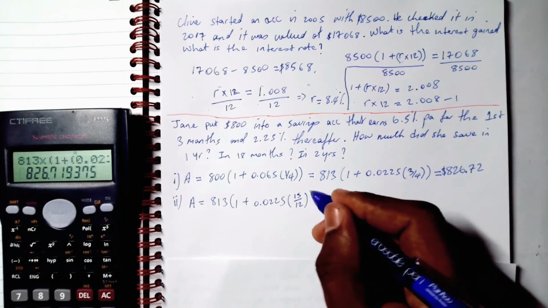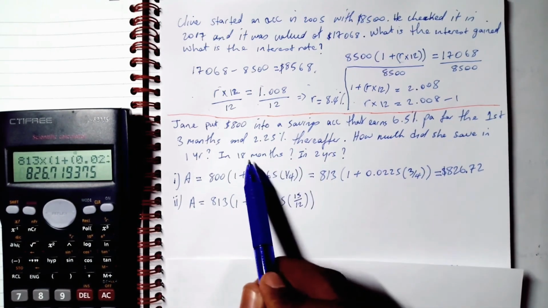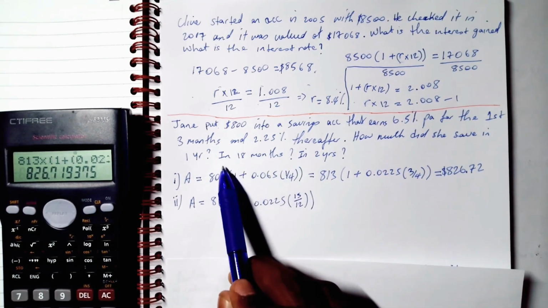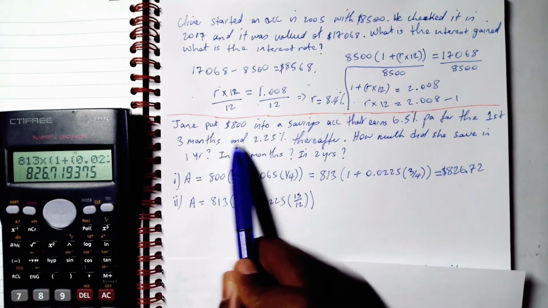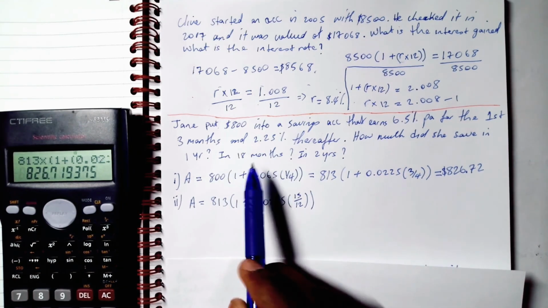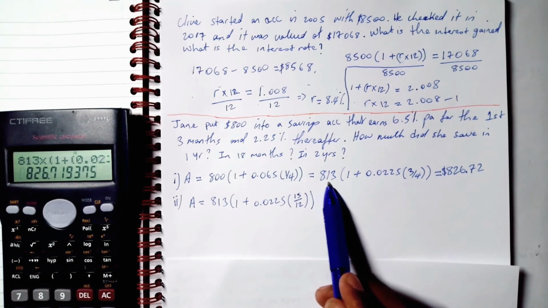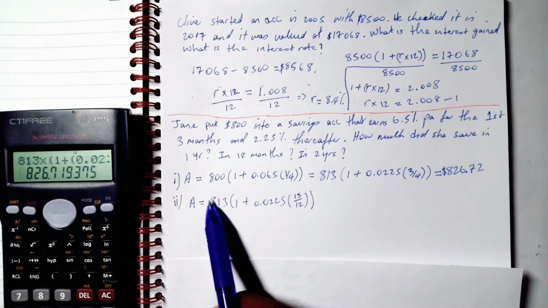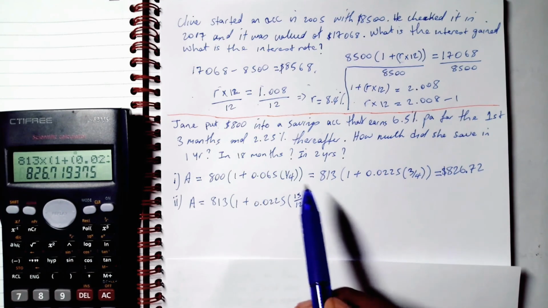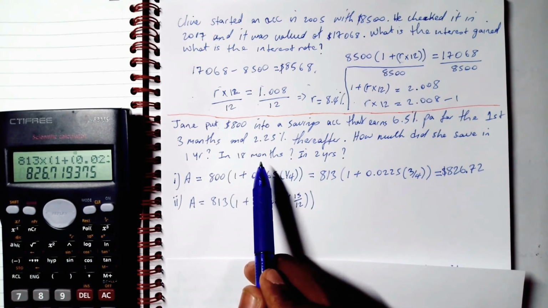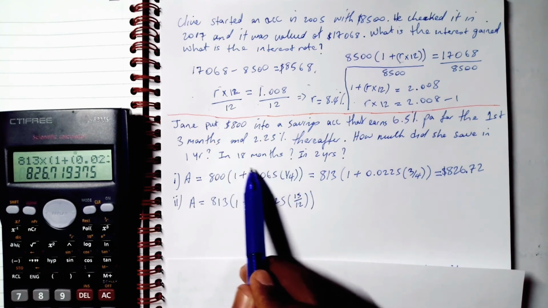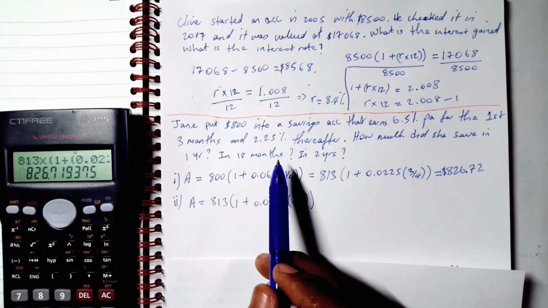Alright. 18 months. They want to know how much the account will accumulate in 18 months. This is a different question. But we already know that the first 3 months accumulate to this. So we just take this value here and accumulate it for the remaining 15 months. The remaining 15 months. These questions are tricky, yo.